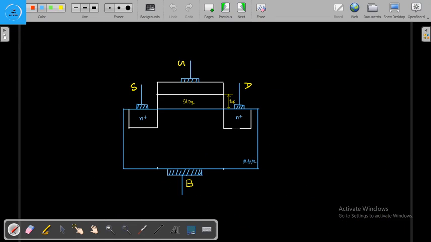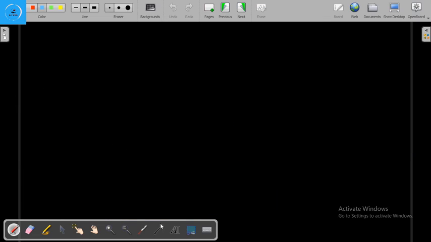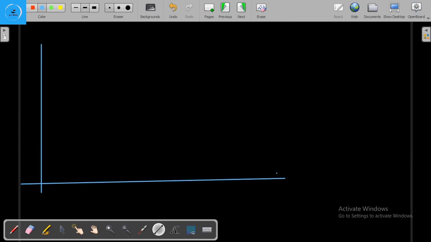So I am drawing here the IDS-VDS curve, and this will be the last topic for our today's class.